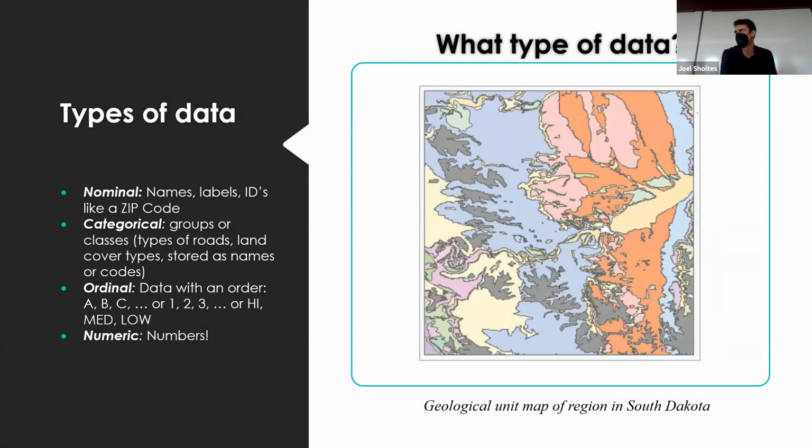You could also have nominal too. It could be nominal. Nominal meaning just a name. Categorical could be schist is 1, shale is 2, but the order doesn't matter.